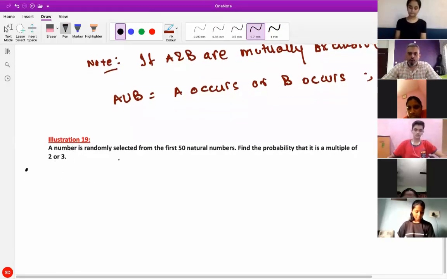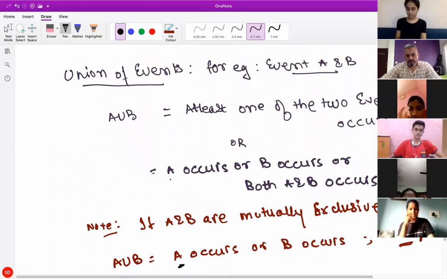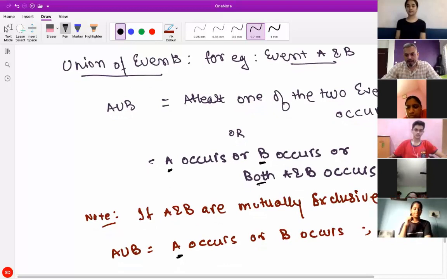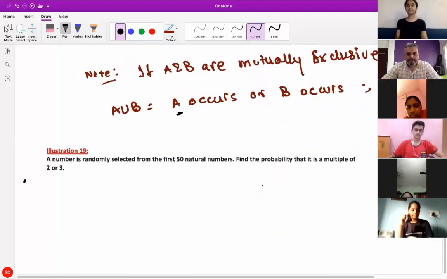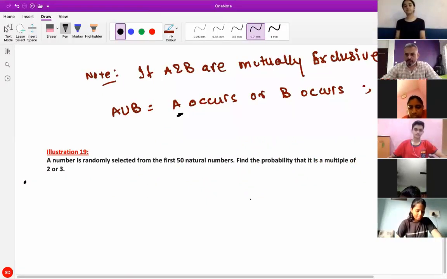So it can be multiple of 2, it can be multiple of 3, और it can be both multiple of 2 as well as 3. ऐसा भी पॉसिबल है ना, जैसे 6 is a multiple of 2 as well as 3. Understood this?